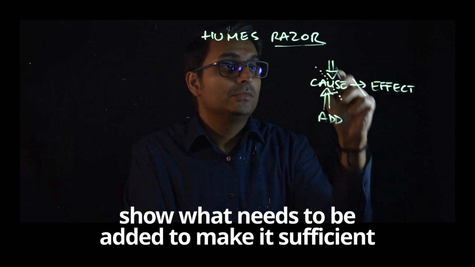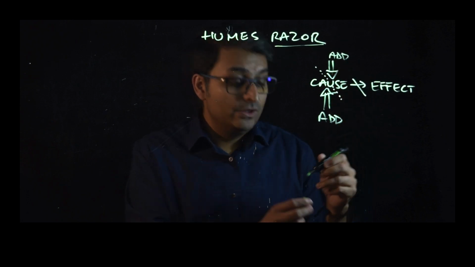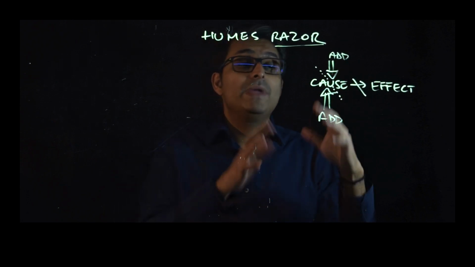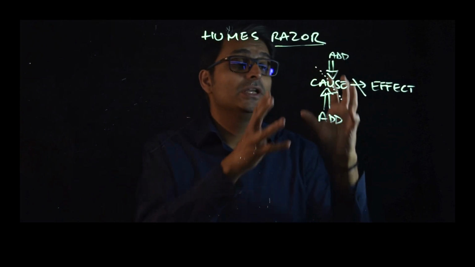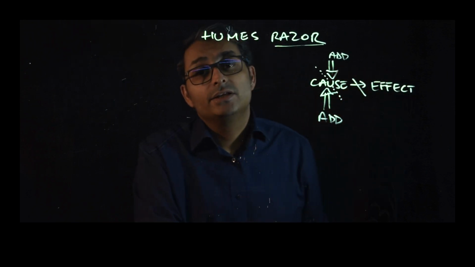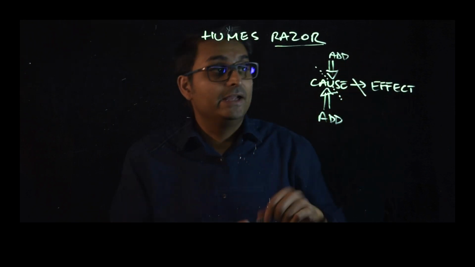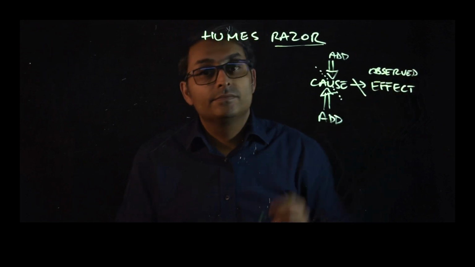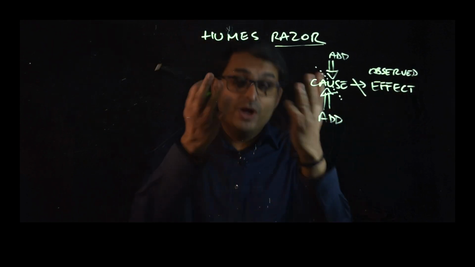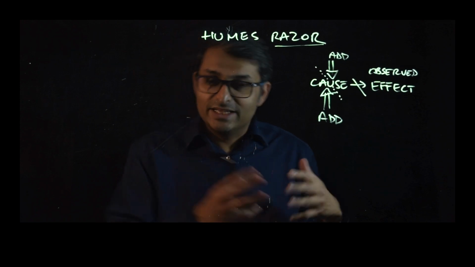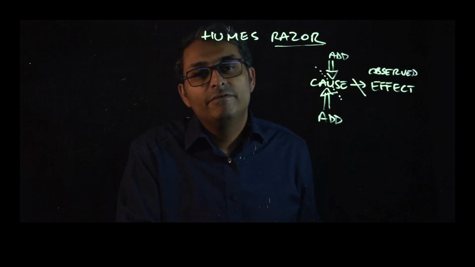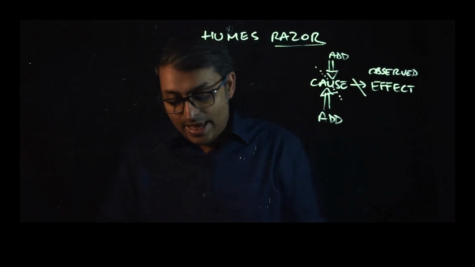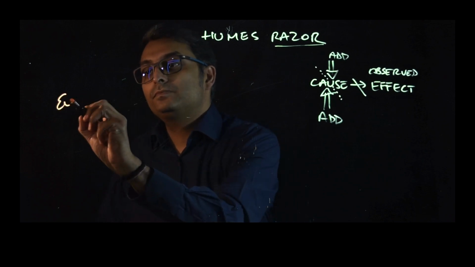So what needs to be added in order to make the cause sufficient to then give rise to that observed effect? So let me write observed effect. I think it's quite a cool razor because it almost has a detective-like feel to it. Let me take an example.